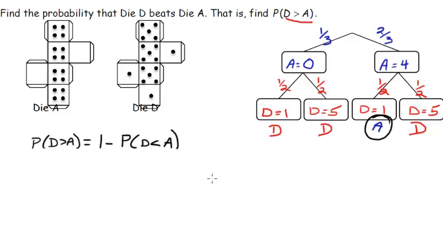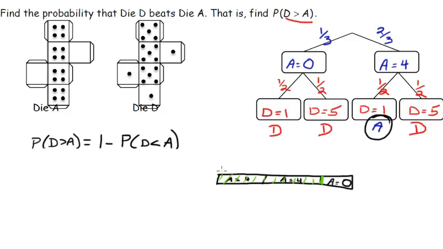So let's see if we could draw out a little diagram here. So let's say, here's my little fraction bar. Alright, and 2/3 of the time A equals 4. So this is going to happen 2/3 of the time. Now, of this 2/3 of the time, half of the time D is also going to be a 1.